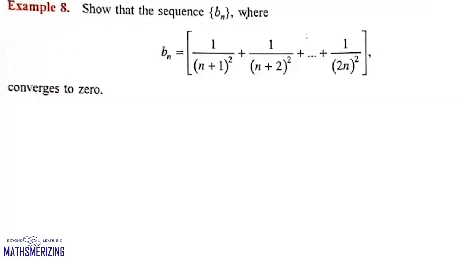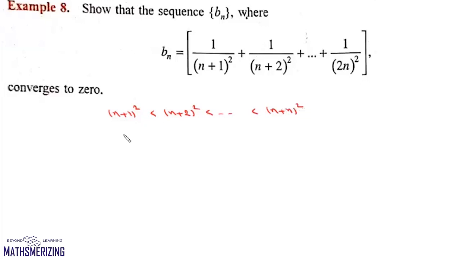Now let us take an example. Say for example, show that the sequence bn, which is 1 upon (n plus 1) square plus 1 upon (n plus 2) square up to 1 upon (2n) square, converges to 0. Now we know that (n plus 1) square will be less than (n plus 2) square and it will be less than (n plus n) square.